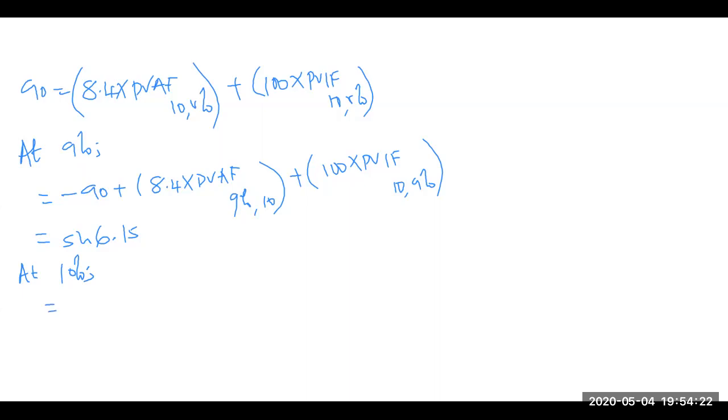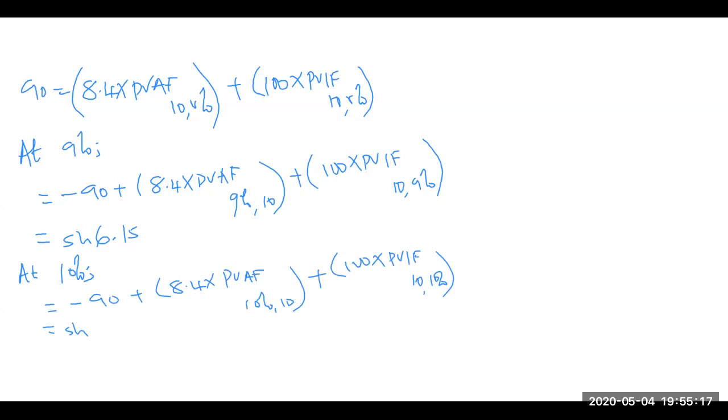It'll be the same process: 8.4 times present value factor 10%, 10 years, plus 100 times present value interest factor 10 years, 10%. You get how much? You get 0.165 positive. Now you have the two discount rates.